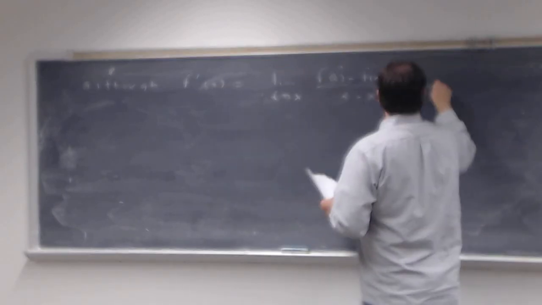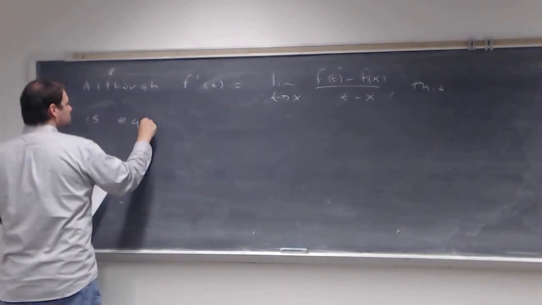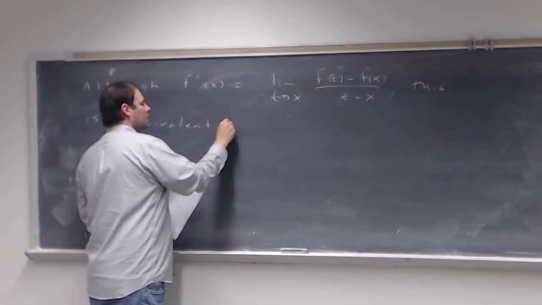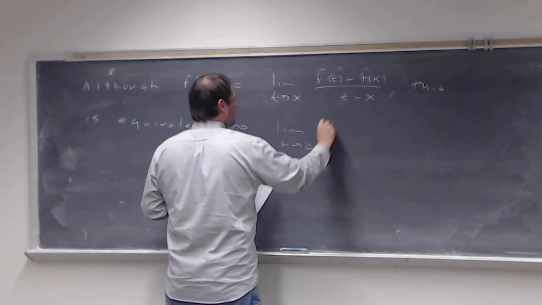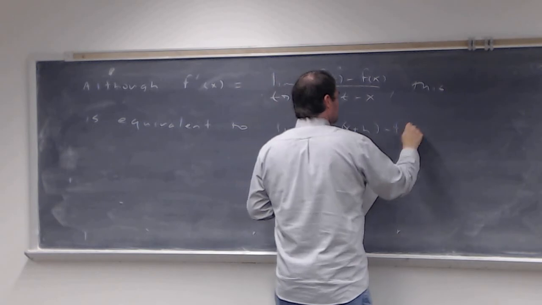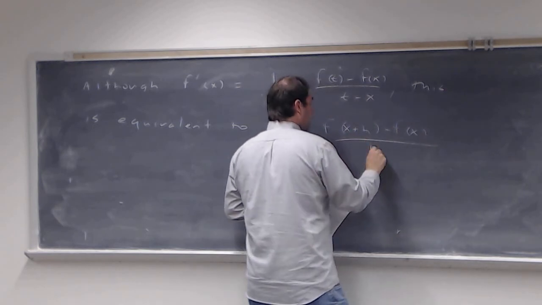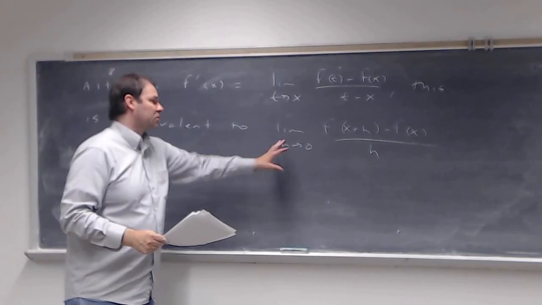This is equivalent to the limit as h goes to 0 of f of x plus h minus f of x all over h. And that's a definition that a lot of calculus books will use.